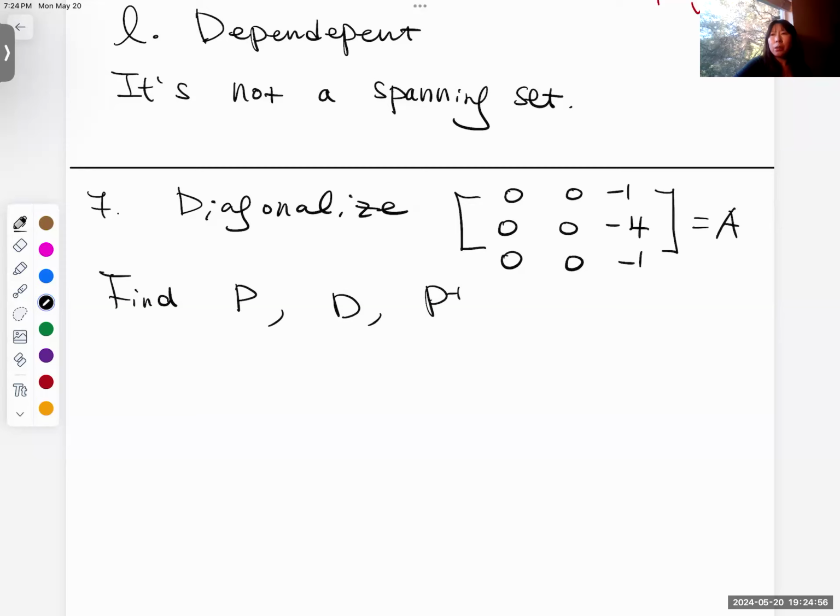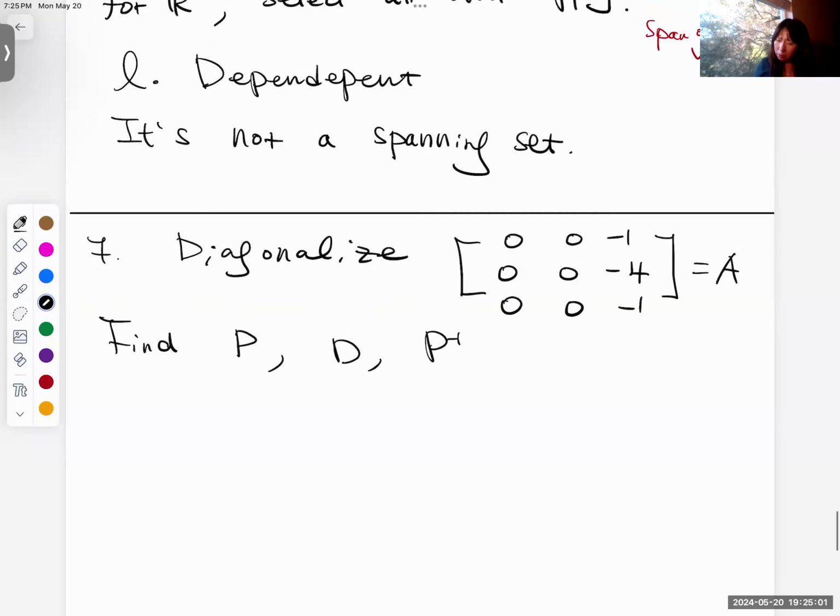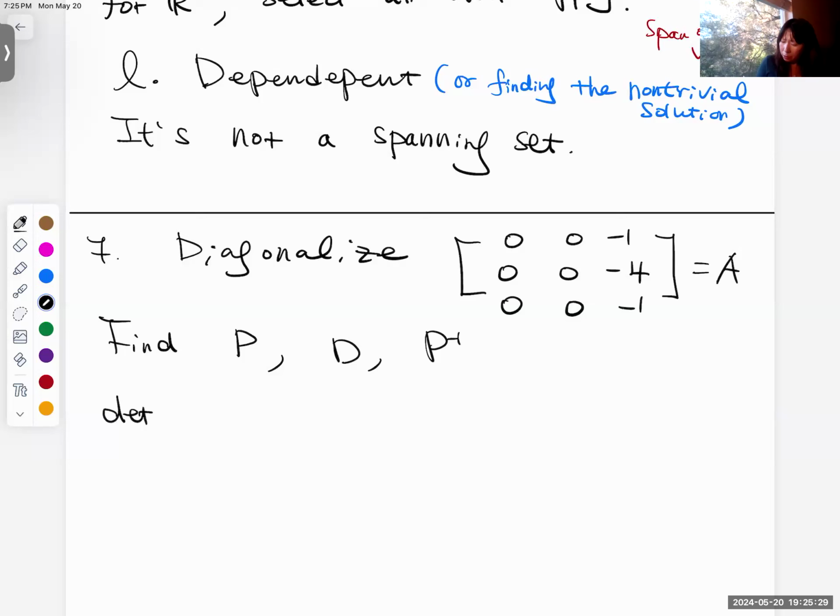Okay, so you can find, finding this non-trivial solution. Okay, so we have determinant of lambda I minus A equal to 0.